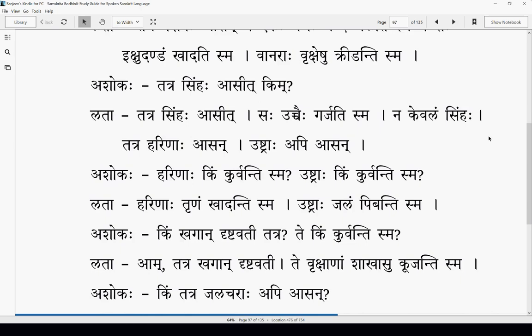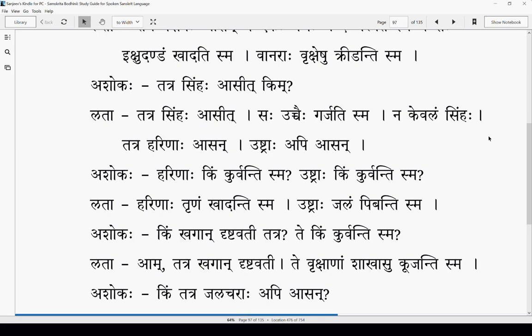Tatra simha asit kim? Lata. Tatra simha asit. Sah उच्चैः गर्जति स्म. न केवलं सिंहः तत्र हरिणाः आसन्, उष्ट्राः अपि आसन्. सः सिंहः उच्चैः गर्जति स्म.